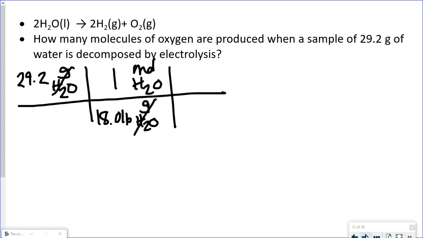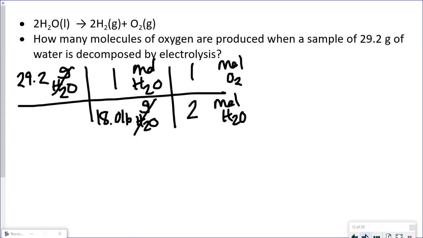Since we no longer need moles of water, that will move down to the bottom, and we will change into moles of oxygen. Remember, you need to abbreviate moles and molecules differently. So mole to mole is our mole ratio. According to our balanced equation, we have 2 moles of water and only 1 mole of oxygen.